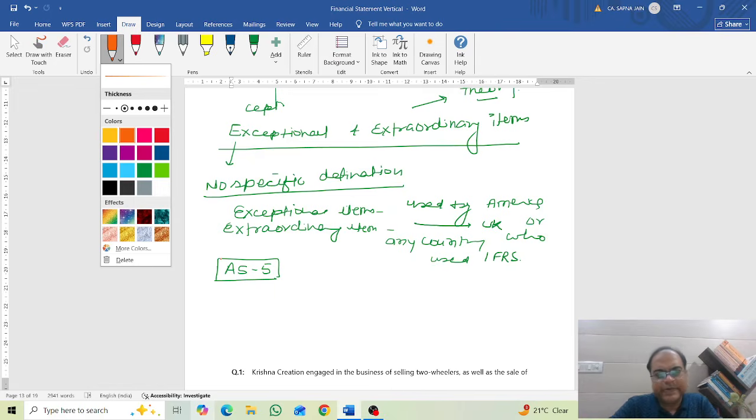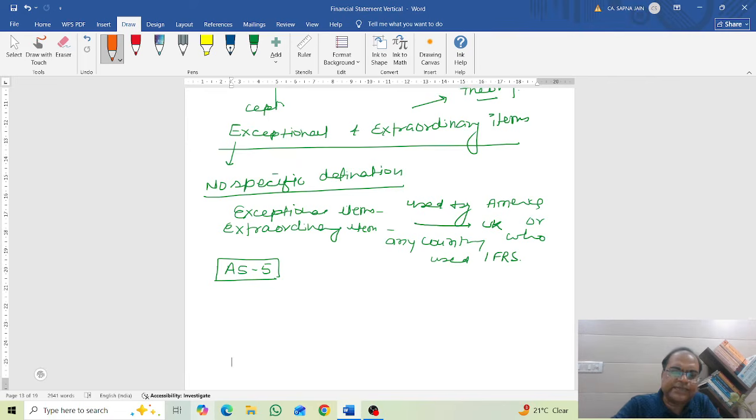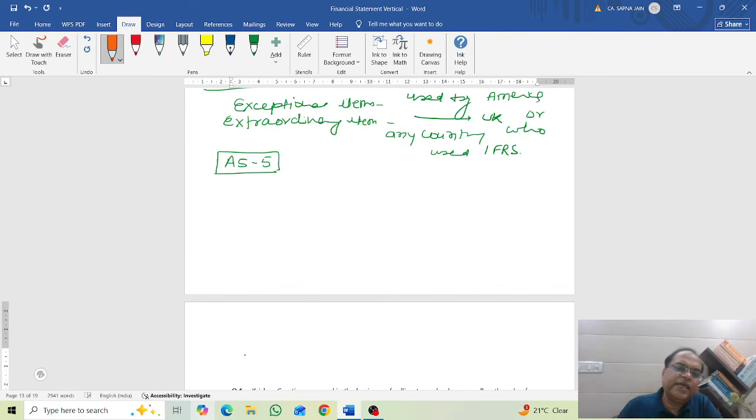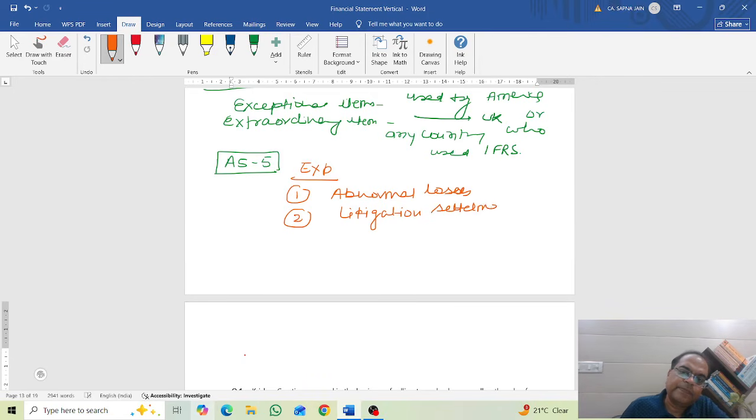So I am just explaining 2-3 examples, the important examples of extraordinary and exceptional item. Number first example is abnormal losses. Number second is litigation settlement expenses.